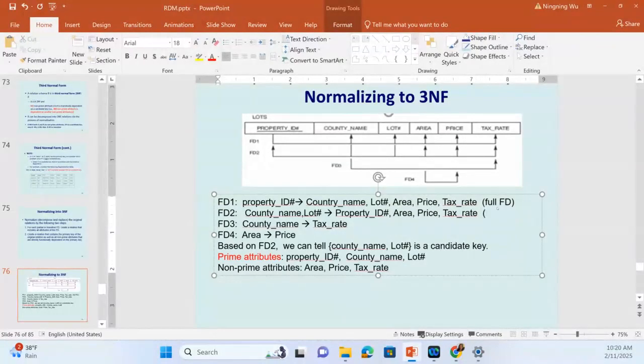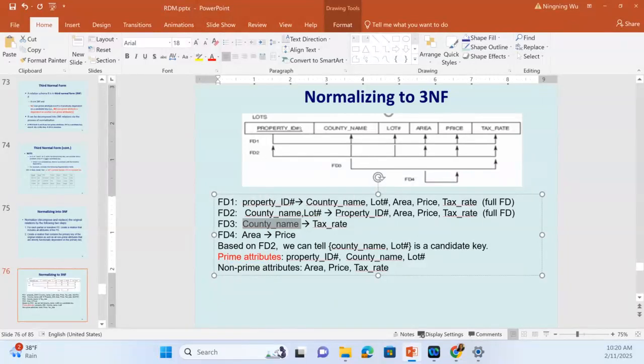It means that on the left-hand side, we have a whole key. So this is a candidate key, and this is full. Then the next one: county name determines tax rate. Apparently, county name itself is not a key.